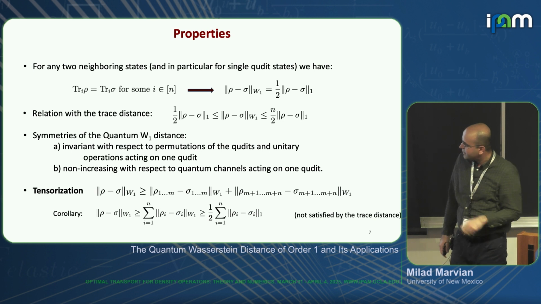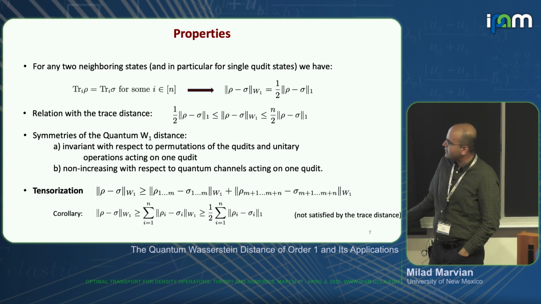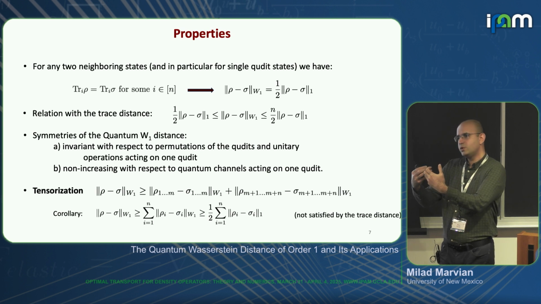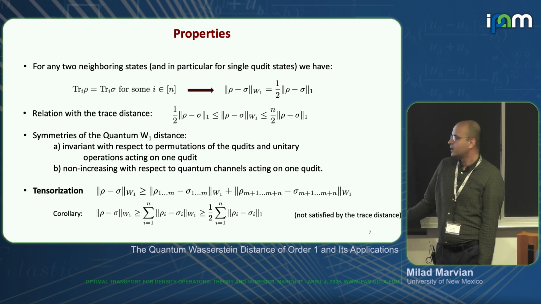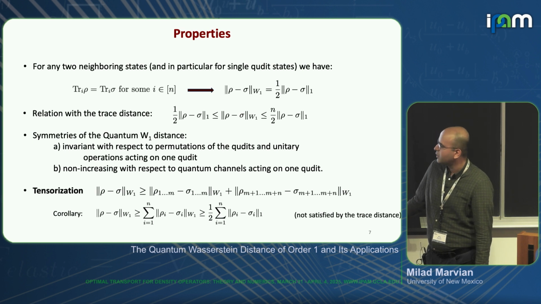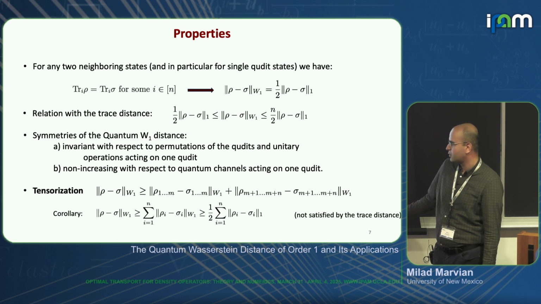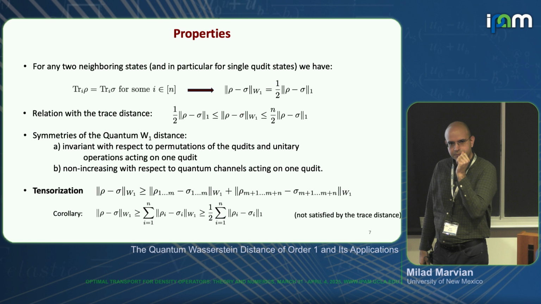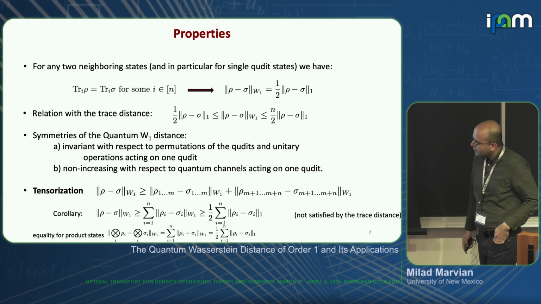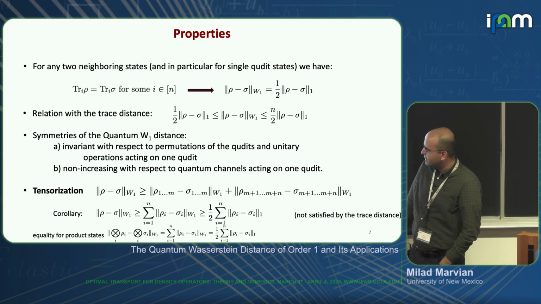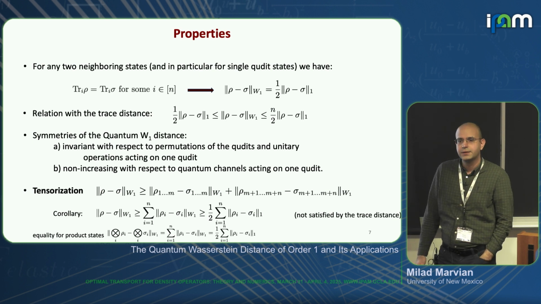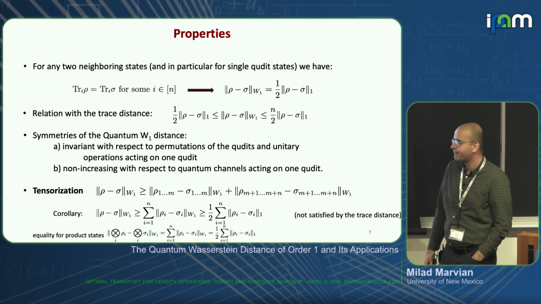One property that might sometimes be useful is the fact that if you partition your states into two separate sets of qubits, you get this type of inequality where you can show that the W distance between those two is lower bounded by the vector distance of the two different states that we get. And in the special case that these are product states, this becomes equality.